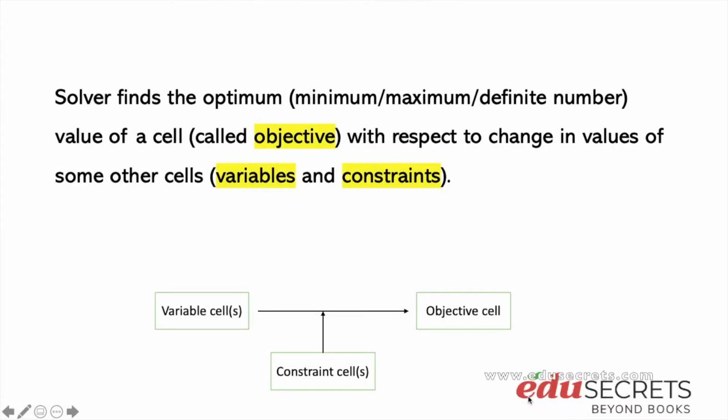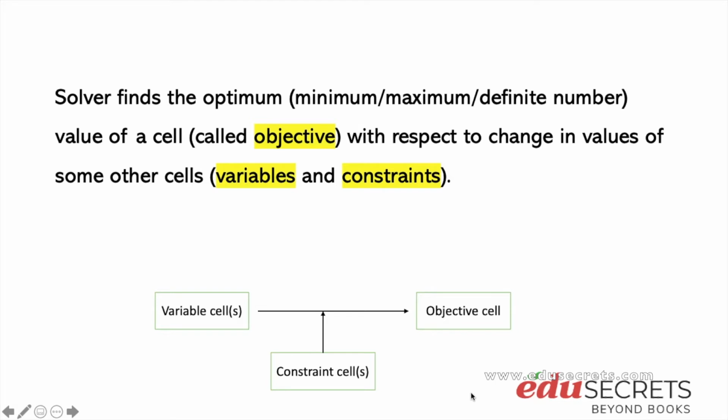Solver finds the optimum, that is, minimum, maximum, or definite number value of a particular cell called the objective cell with respect to change in the values of some other cells known as variable and constraint cells.